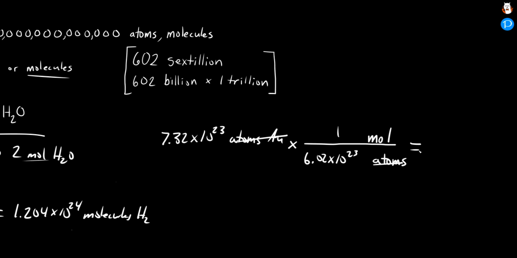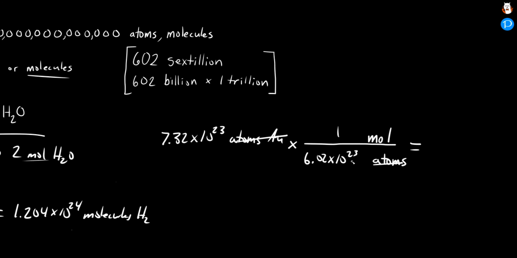So now to do this, I would go 7.32 times 10 to the 23rd times 1, which would just be this again, so I really don't have to do that step, but 7.32 times 10 to the 23rd times 1 divided by 6.02 times 10 to the 23rd.